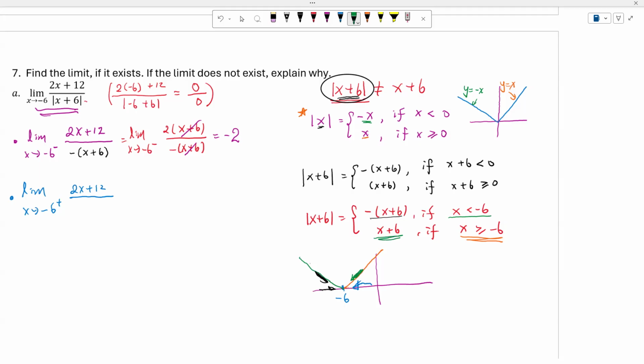In this case, the function will be x plus 6. And of course, on the right, 2x plus 12 divided by x plus 6. Then this one and this one cancel. My answer is 2.